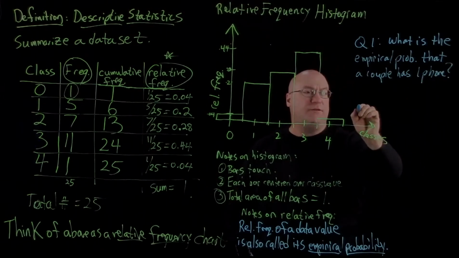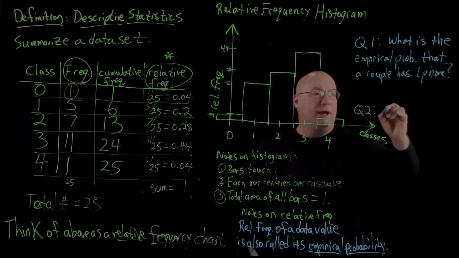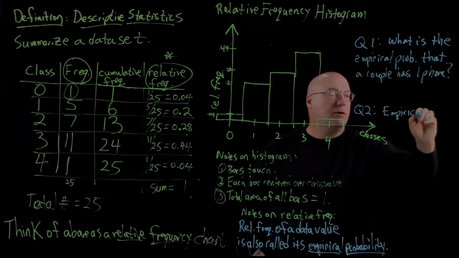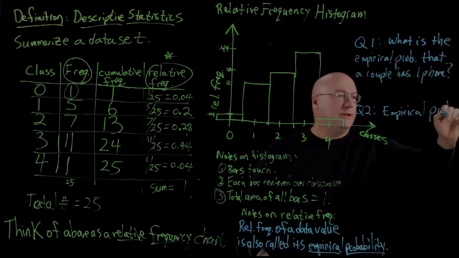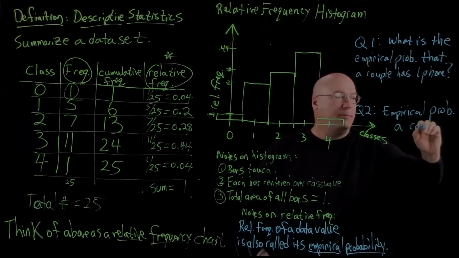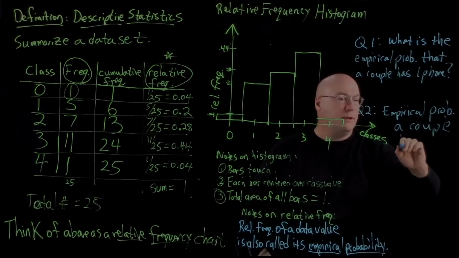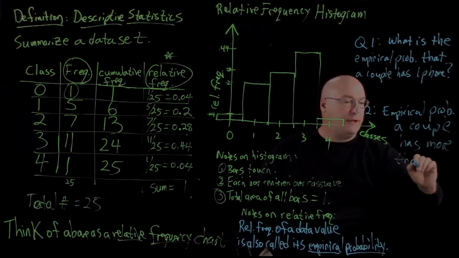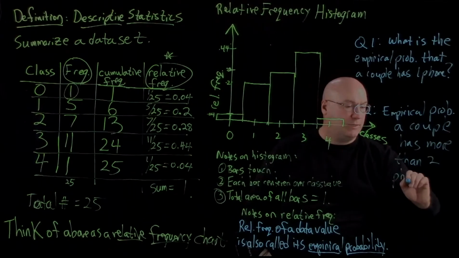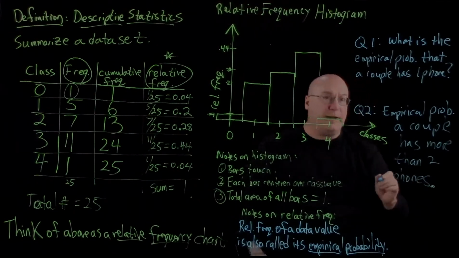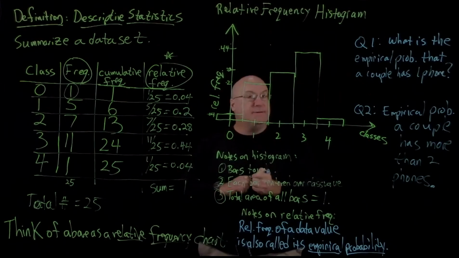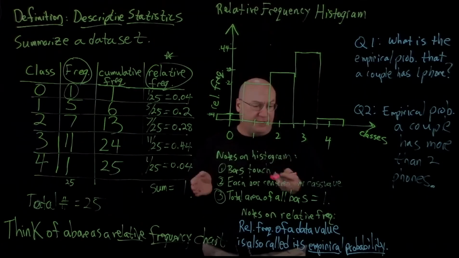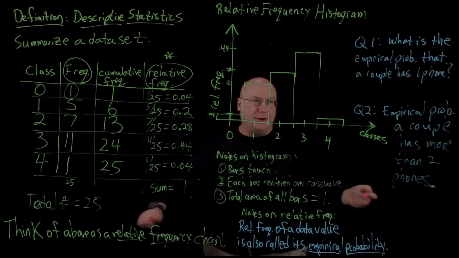And question 2, I want the empirical probability a couple has more than 2 phones. All right, so why don't you pause and see if you can figure that out, and then I'll answer it. So give a pause. All right.